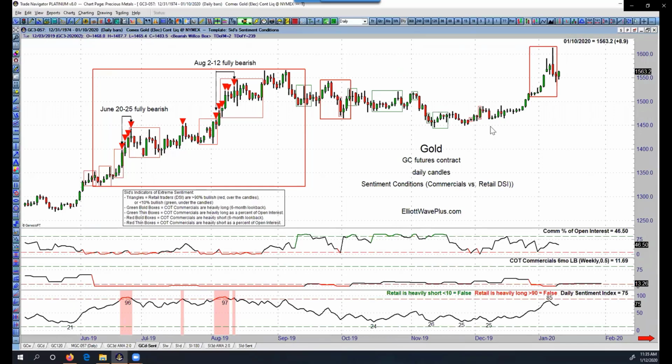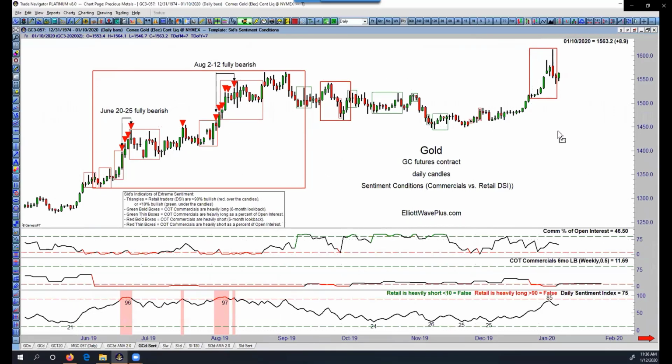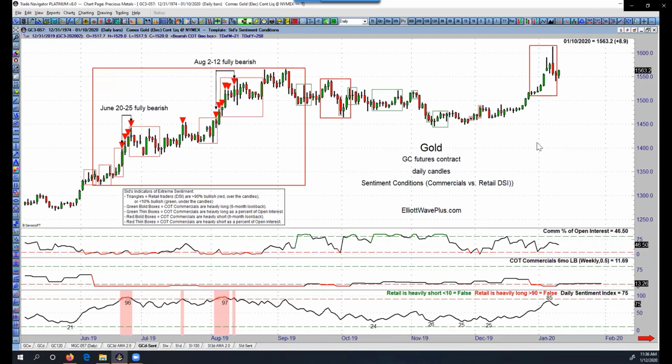And another reason I didn't expect the breakout in gold to be anything more than a B wave was that the DSI only got down to about a 25 in gold a few days into December, and that's as low as it got. And so I didn't think that was low enough to support an enormous fifth wave to the upside.